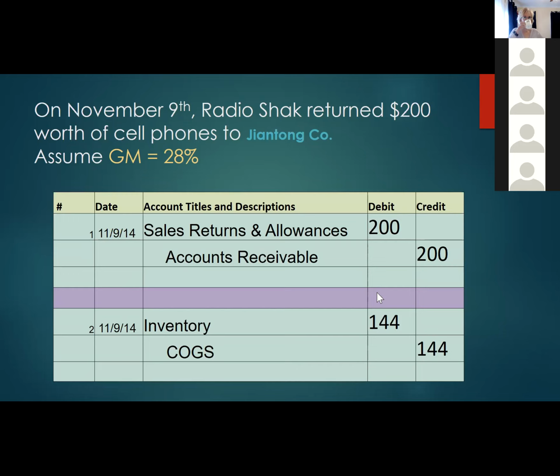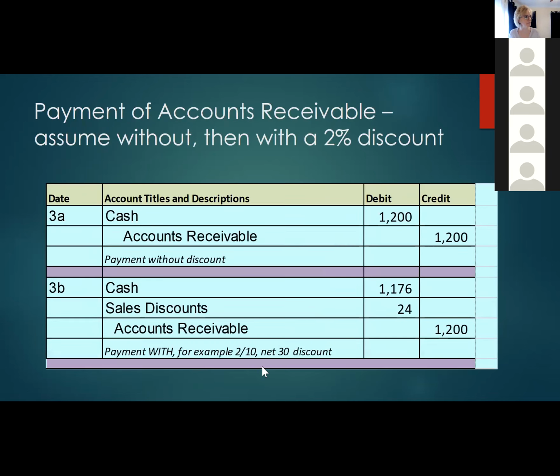Because we're using inventory with COGS. Yes. You book cost of goods sold every time you make a transaction with perpetual. You perpetually keep track of your balance in inventory and cost of goods sold. With periodic, you wouldn't book anything to do with inventory or cost of goods sold until you take inventory at the end of the period.